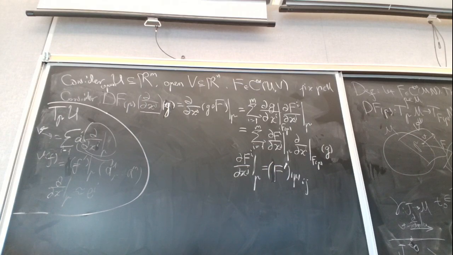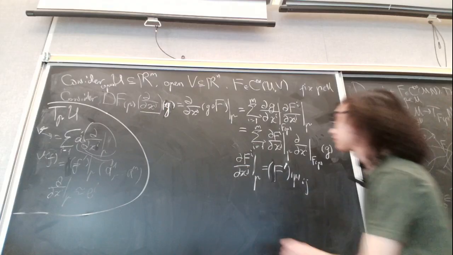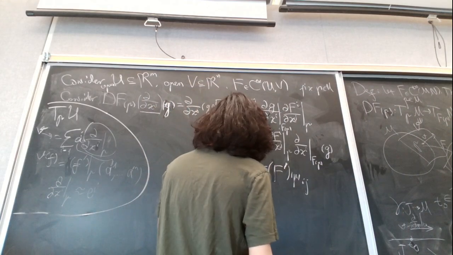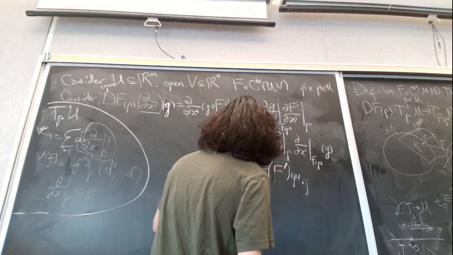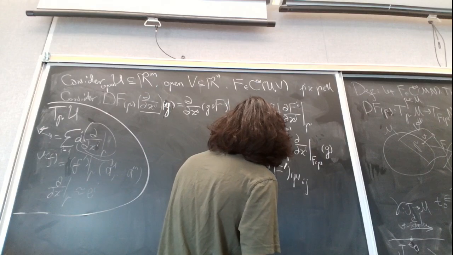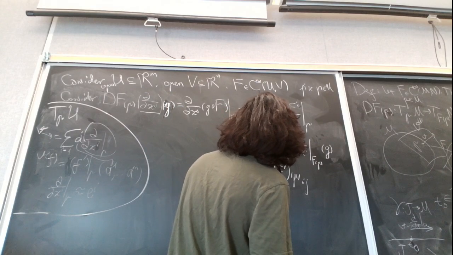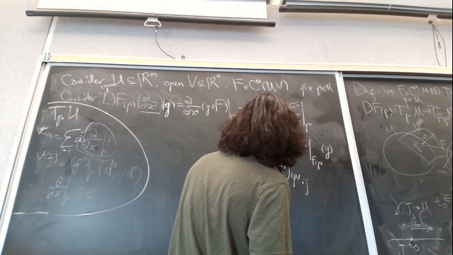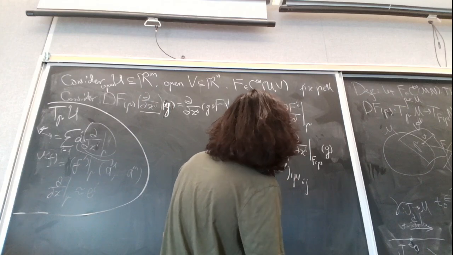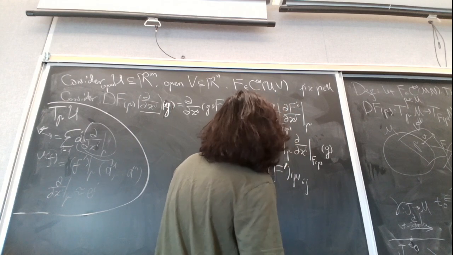So write this at the bottom. Just write down partial xj, like got sent to with an arrow. And then write what it got sent to. Just write the sum.